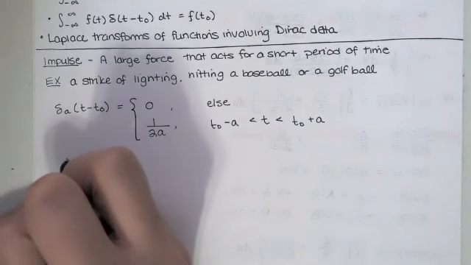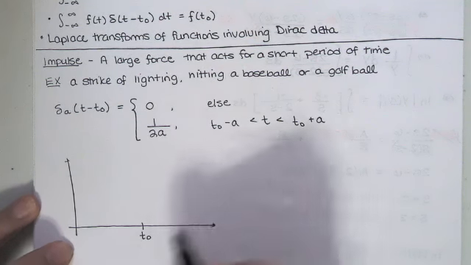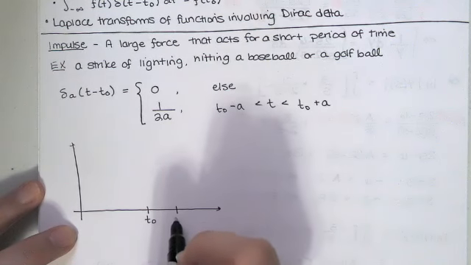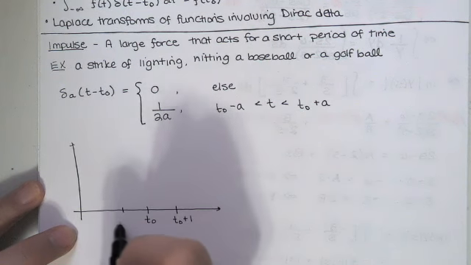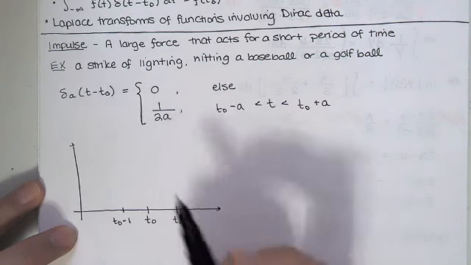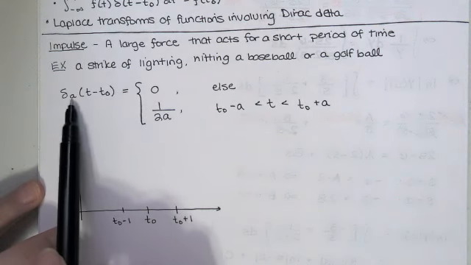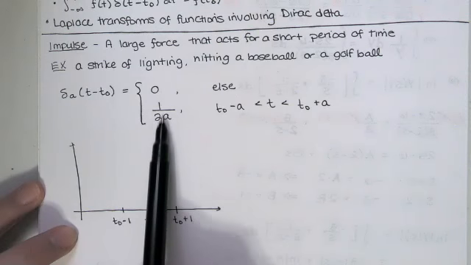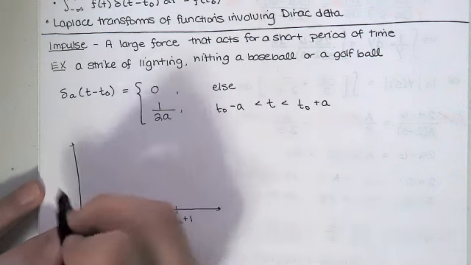So for example, let's say our t naught is right here. If A is, say, 1, we would go to t naught plus 1 from t naught minus 1, and we would think of this delta sub A function giving us a value of 1/2 on the interval from t naught minus 1 to t naught plus 1.